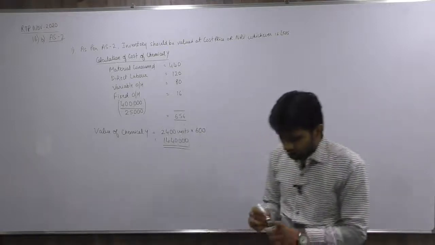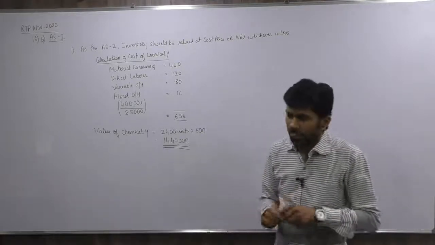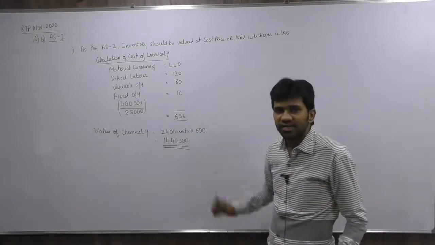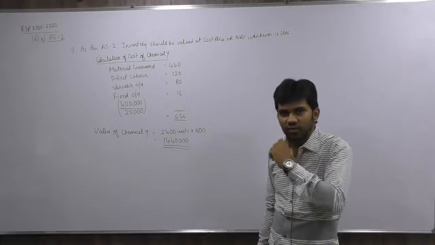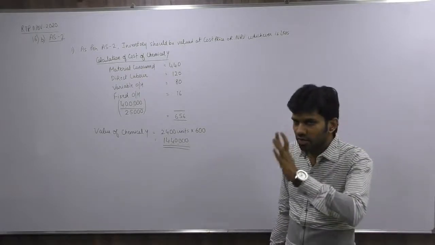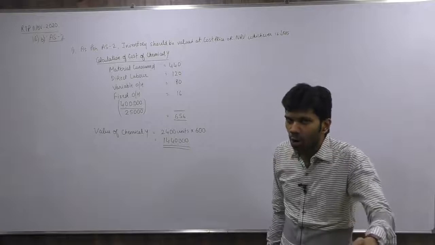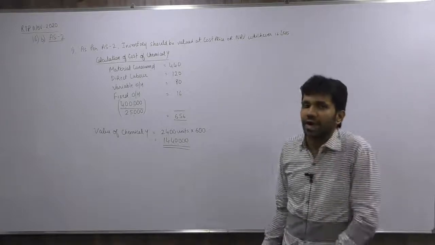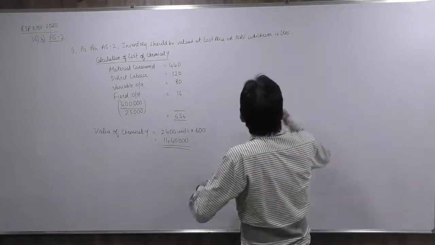Don't get confused, students. Let me clarify. What is the cost price of the finished good? 656. And what is the NRV of the finished good? 600. That means it is being sold at that. So can I say if the finished goods in which raw materials or supplies are used is sold at below cost, then the raw material should be valued at replacement cost. So let's write the provision.